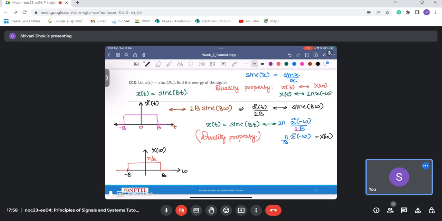So this X(ω) is equal to π by b x tilde of minus ω.